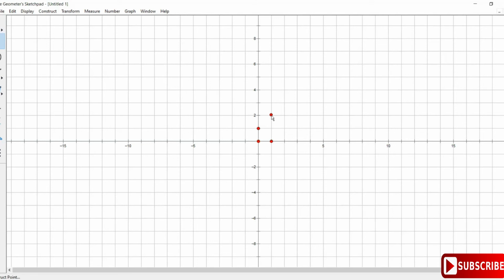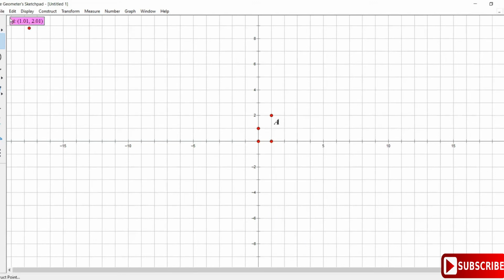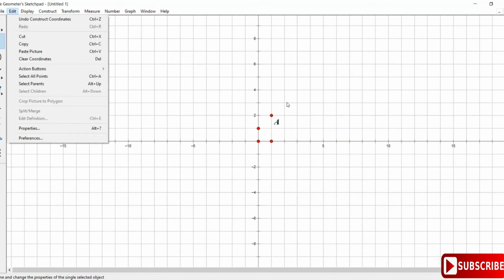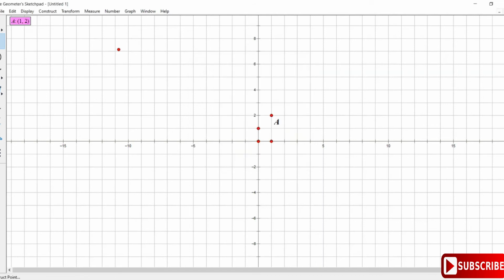So this is our point A. I'm going to label it as A. I don't want any decimal places, just units for now.